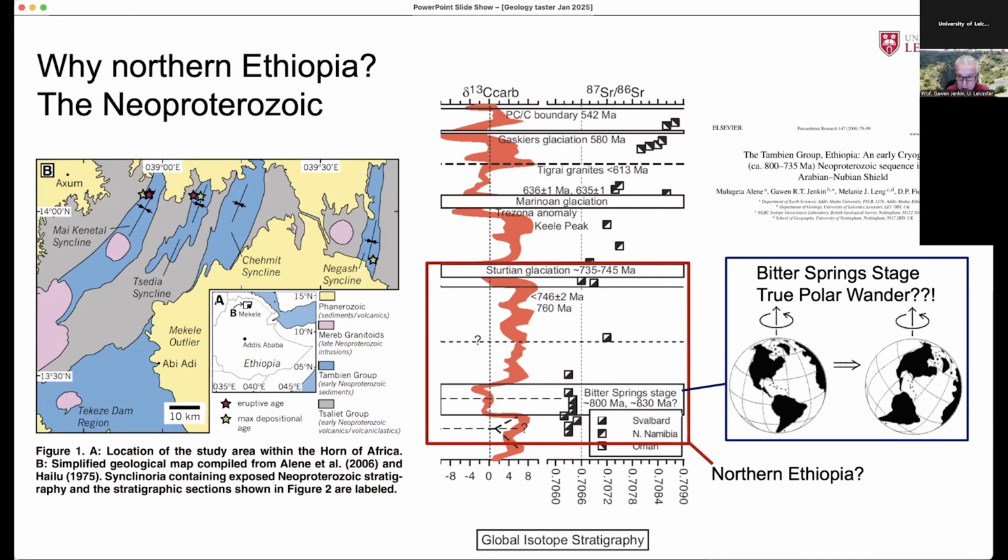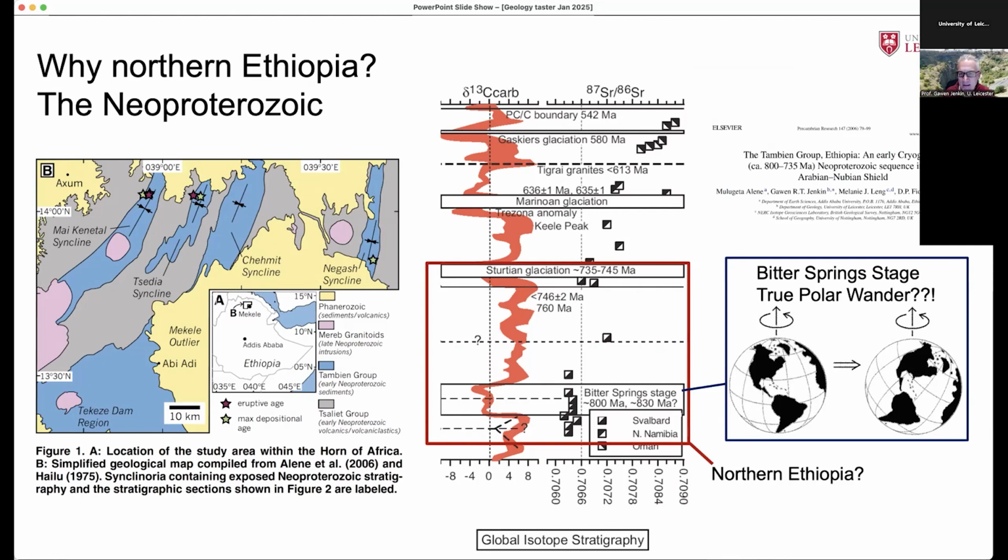And one suggestion is we've had true polar wander. So I've got a little diagram there on the right to try and explain that. That's with the present Earth. So the present Earth, obviously, it's spinning around the pole, and then we have an internal dynamo that gives us our magnetic field that more or less coincides with the pole.